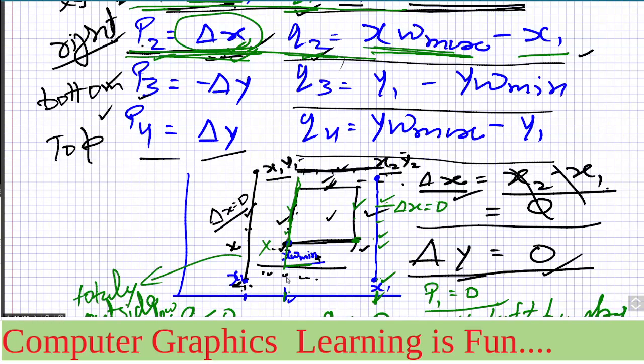Here we are calculating Q2, xw max minus x1. What is the value of this particular xw max? It is somewhere here, and this is your x1. Here I believe x1 is greater than xw max. Now xw max minus x1: can you tell me whether the value is positive or negative?